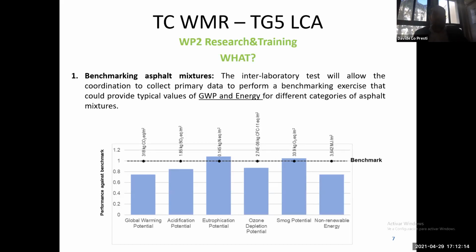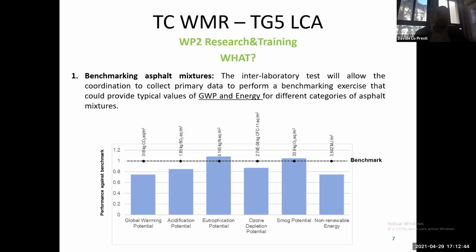What we're trying to do is collect data for conventional asphalt mixture, regardless of the formulas and their application. You can provide us with hot mix asphalt, warm mix asphalt, half warm mix. They can also be cold, but we are more focused on hot mix asphalt, though anything is welcome.